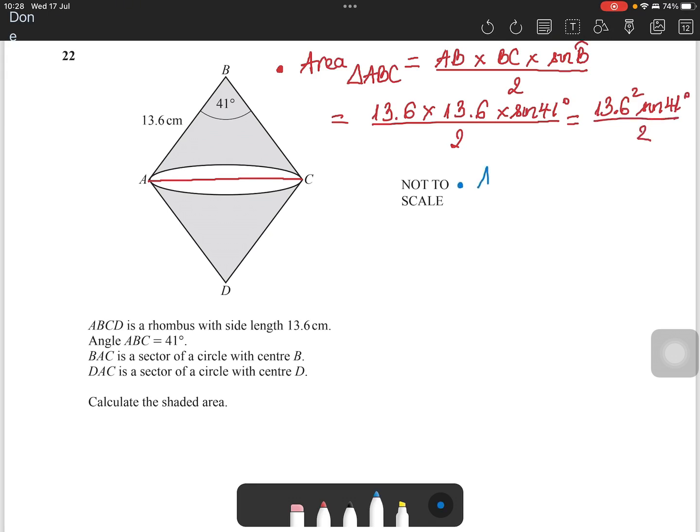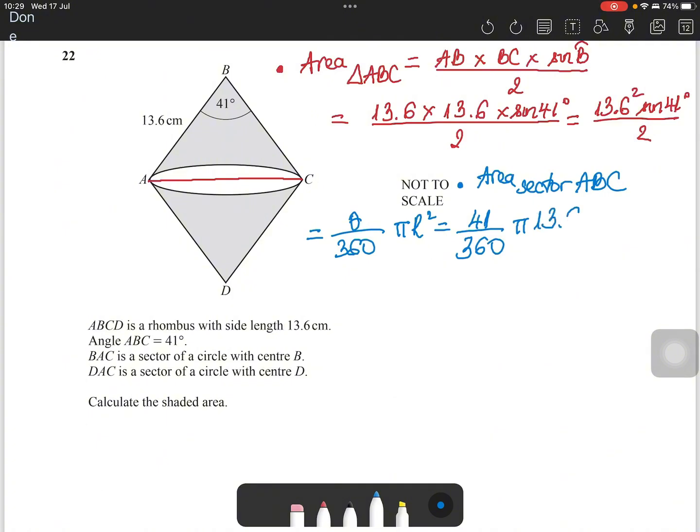Next, we'll find the area of the sector ABC. It is equal to theta over 360 multiplied by pi r squared. Theta in this case is the angle B, 41 over 360. In this case, the radius is BA, which is 13.6, squared. So this is the formula for the area of the sector ABC. And it's also the same as the area of the sector DAC.